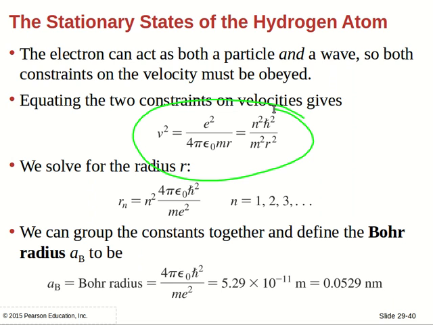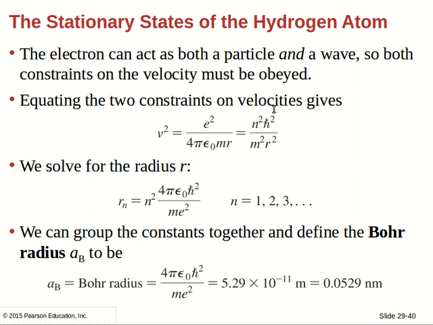And then the second expression, n squared h bar squared over m squared r squared, is from the recognition of the fact that the velocity of the electron is related to its wavelength, and the wavelength is such that over the course of one complete circumference, there's an integral number of those wavelengths that fit on that circumference, much like, again, as a reminder, a standing wave on a string.